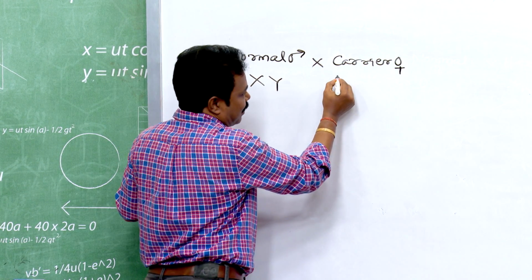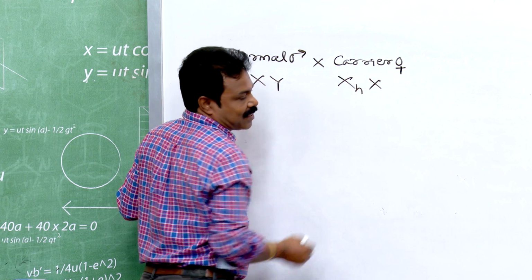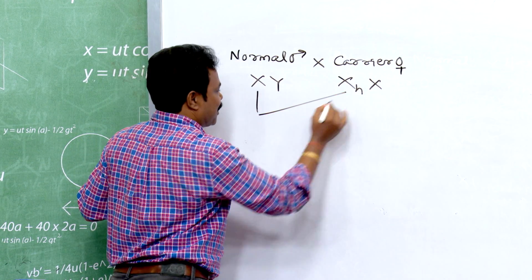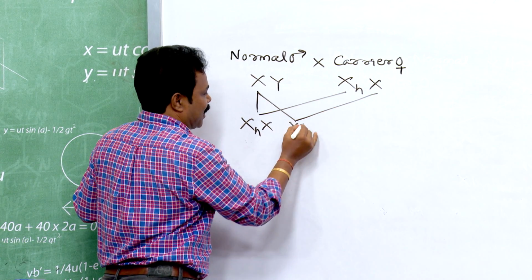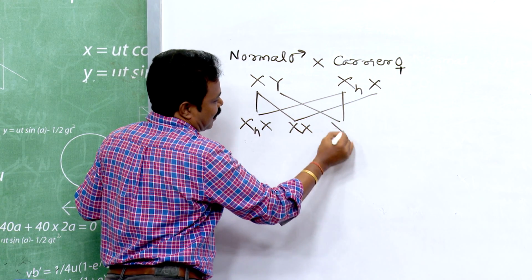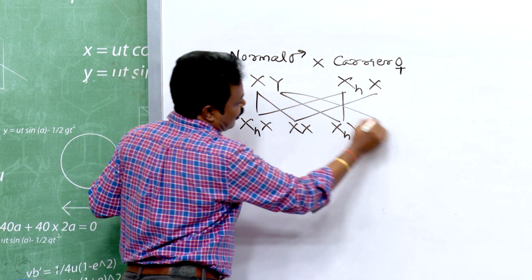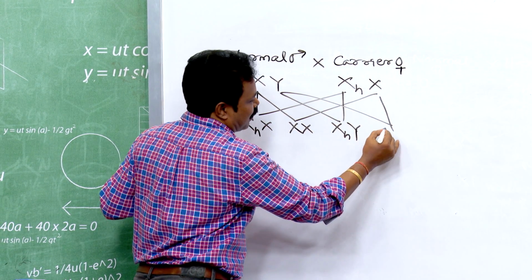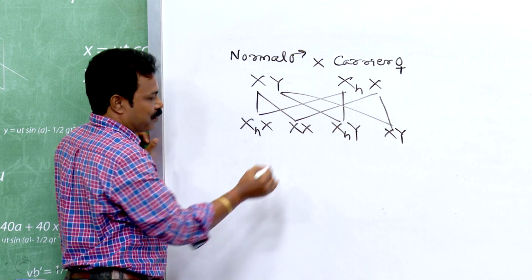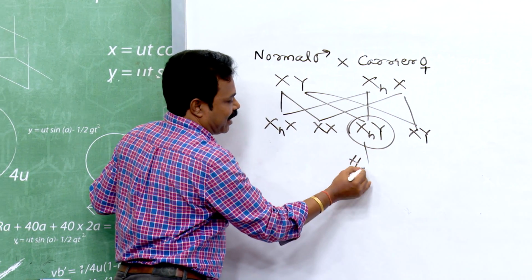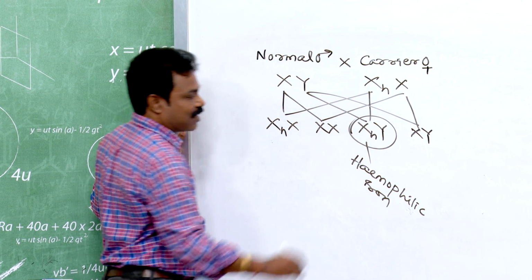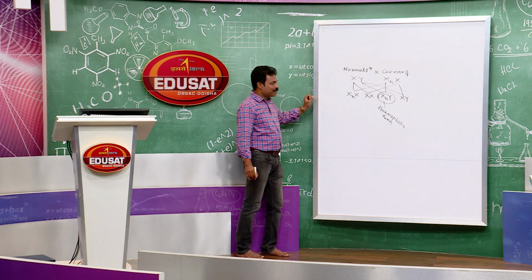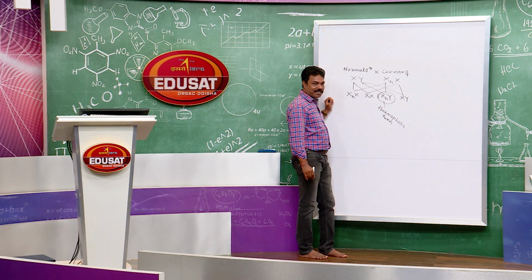XHY, XHXh. The offspring are XHXH, XHXh, XHY and XhY, a hemophilic son. Now the question comes, what percentage of sons are hemophilic, what percentage of daughters are hemophilic, what percentage of offspring are hemophilic?